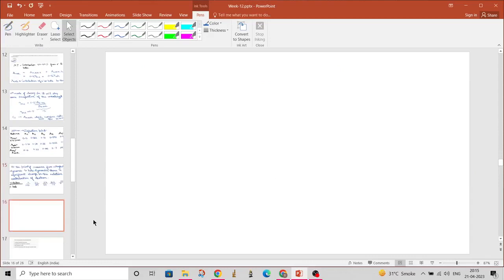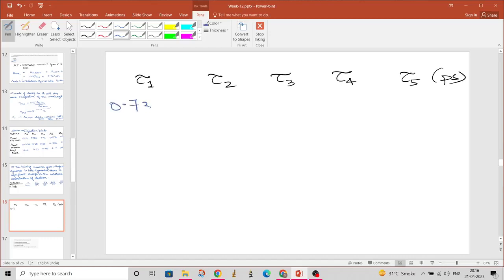The actual lifetimes associated with these are tau 1, tau 2, tau 3, tau 4, tau 5, all in picoseconds: 0.73, 4.5, 48, 0.70, 12, 46.